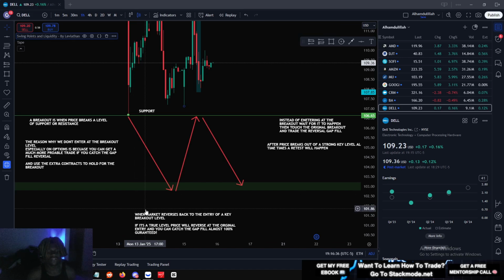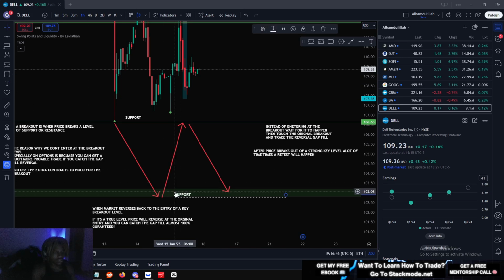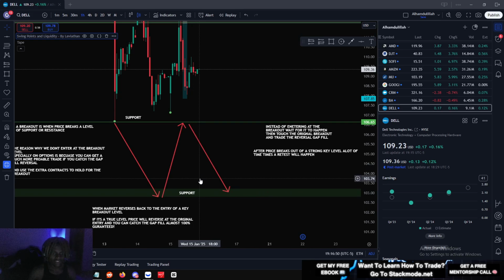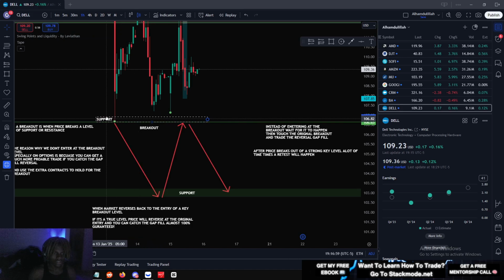Okay. So, if the market were to break out of this area of support and create a floor down here, support. After that, let's say this break of support, right? So breakout. All right, the breakout's right here. Boom.